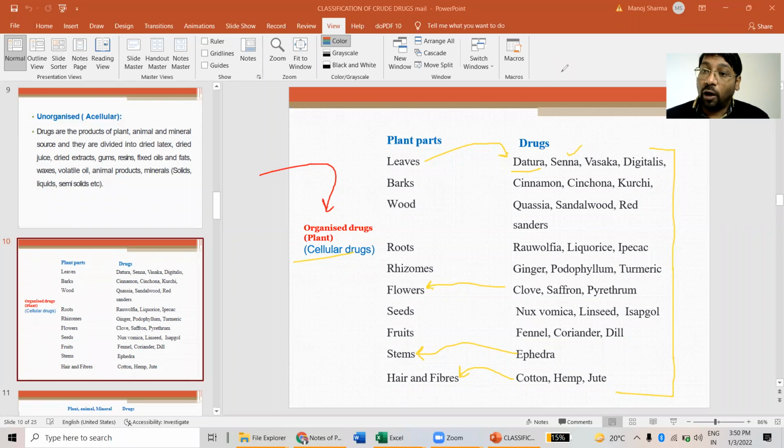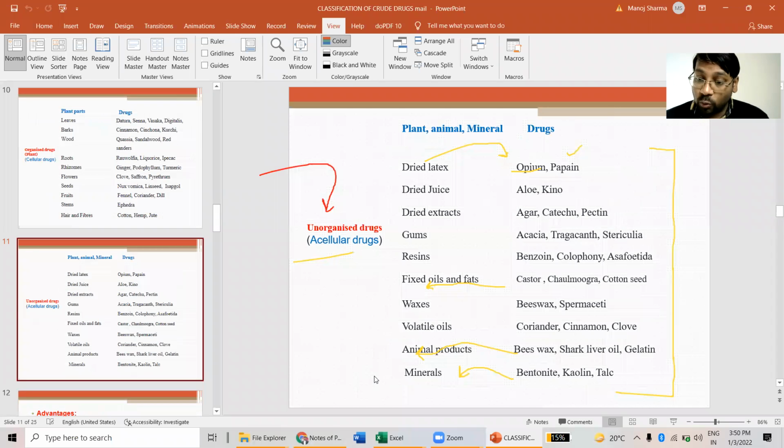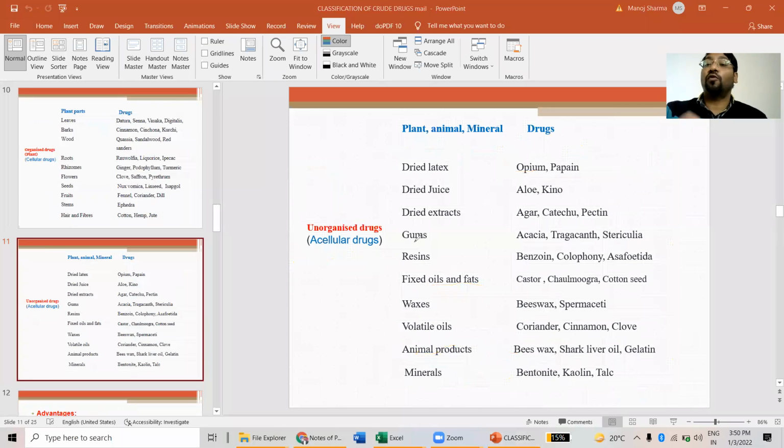Next portion, how we can come to know about various unorganized crude drugs and what are various examples of that. Similarly, in this slide, they have given various examples of unorganized crude drugs in one category.